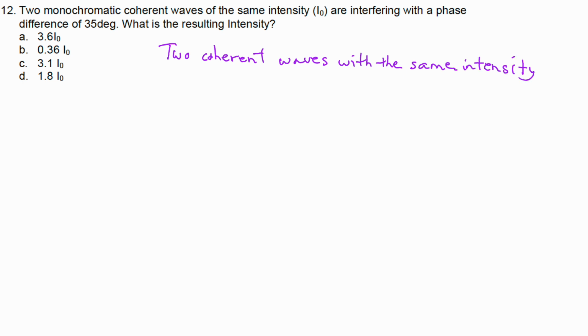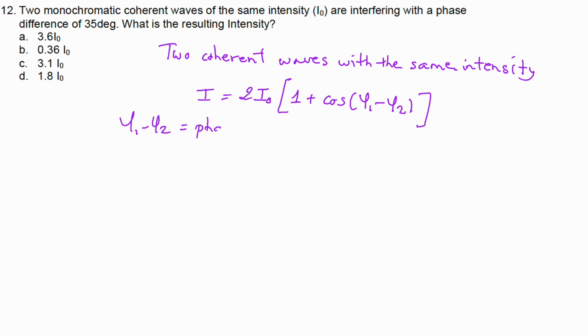Our final intensity is going to be 2 times the incident intensity of each wave, times 1 plus the cosine of the phase difference between both waves, phi1 minus phi2.